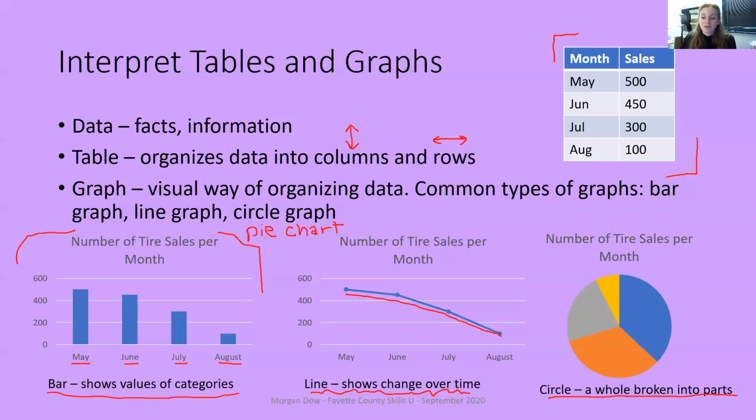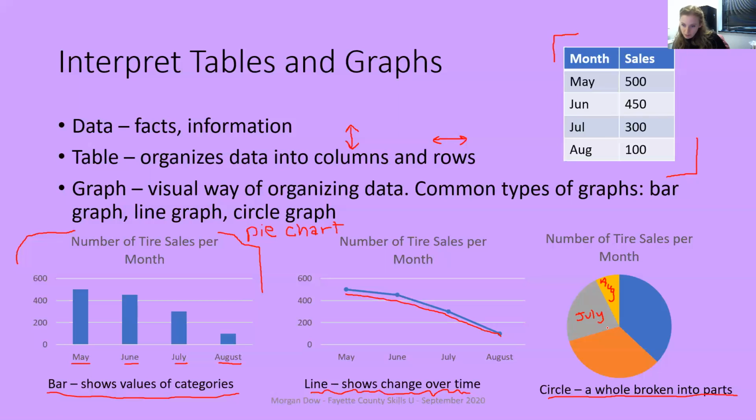So you could think of the whole circle as your summer sales, how much sales you made during the whole summer, and then each little slice represents the different months. Now, if I had done a more thorough job here, I would have labeled each slice so that you could tell which slice went with which, but the smallest slice we know is going to be August. And then the next smallest slice should be July.